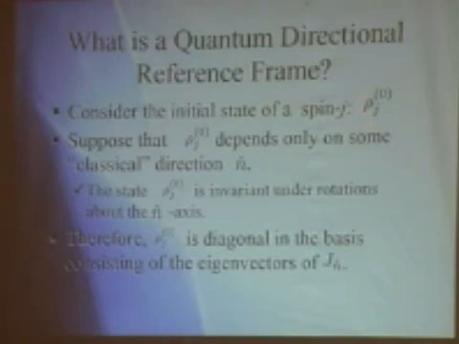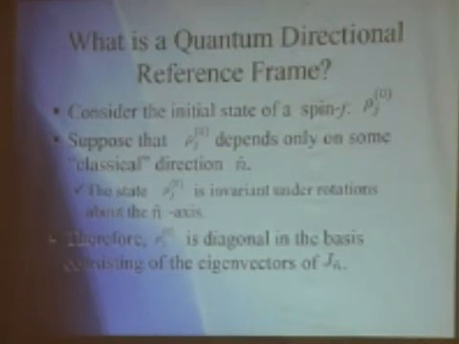I just say that it's represented by rho_j^0. The index 0 here is just to say that it's my initial state. I'm going to use my quantum reference frame a number of times, and every time I use it, I'm going to increase that index from 0 to 1 to 2 to 3.